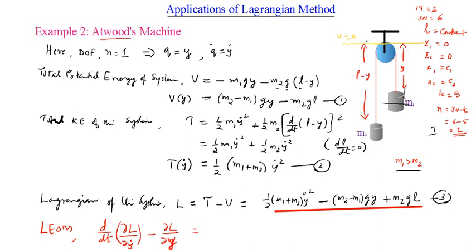That is our target equation. So I have to find out dou L by dou y dot and dou L by dou y. Let's do it in the next step.